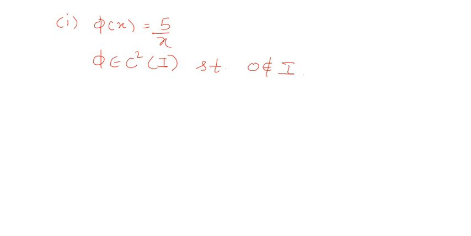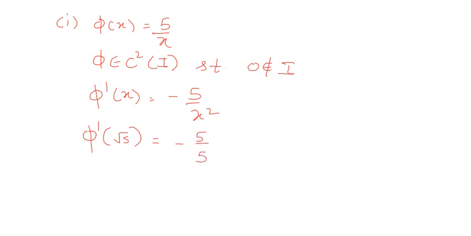Now phi dash of x is equal to minus 5 by x square. Because you are looking at the interval I near the neighborhood of root 5, phi dash of root 5, if you try to find, is minus 5 by 5, that is equal to minus 1.